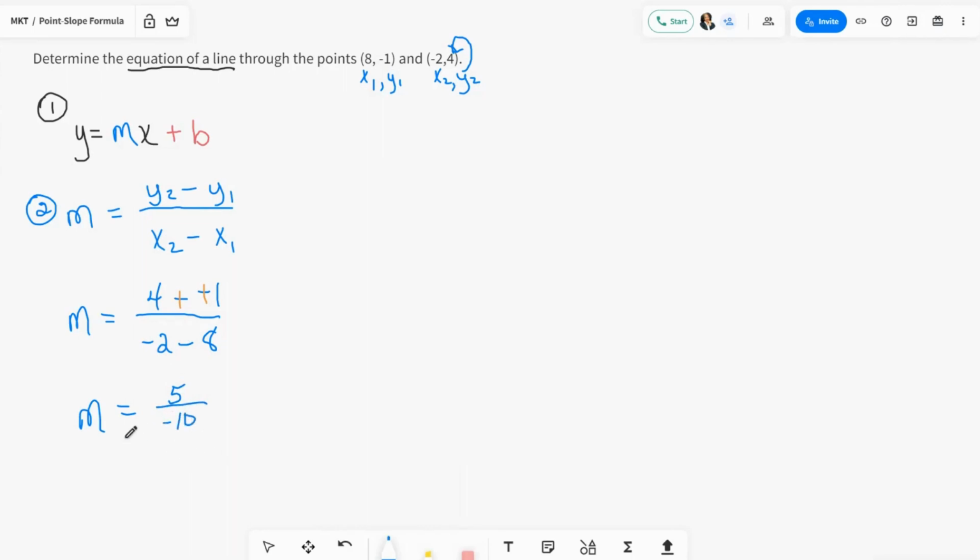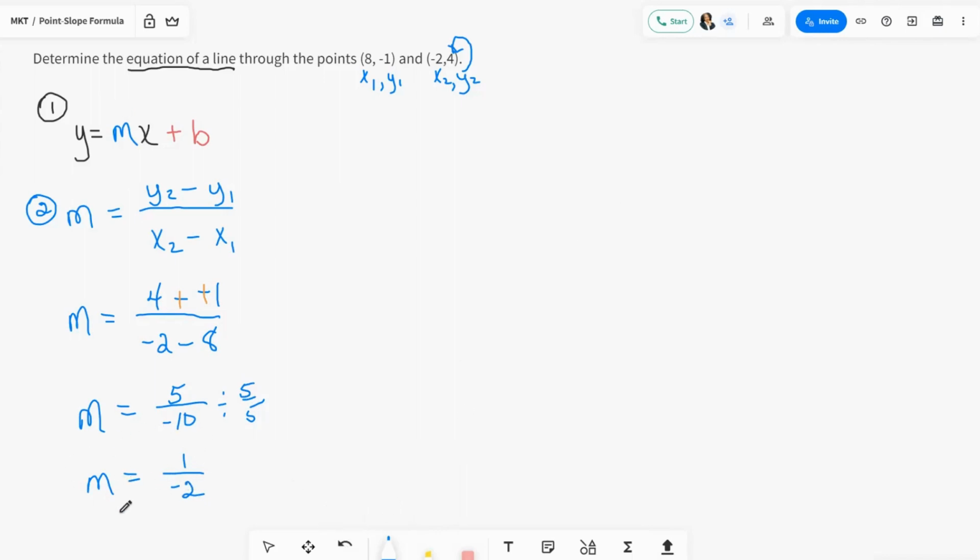We have a -10. Oh, that's an improper fraction. It reduces by a factor of 5 over 5. So our slope is 5 divided by 5, which is 1, and -10 divided by 5, which is a -2. Our slope is -1/2. We have this number. Yay! That was our first step to find that slope.